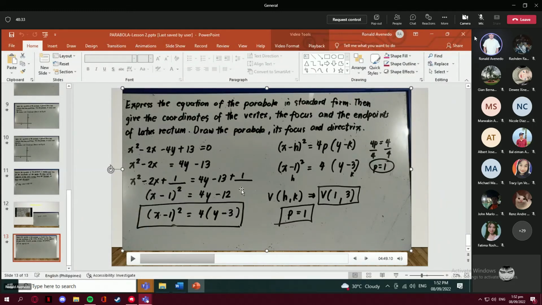Okay, why open upward? The P is positive, sir. Ano pa yung clue natin? X squared. Okay, very good. At least alam na natin.